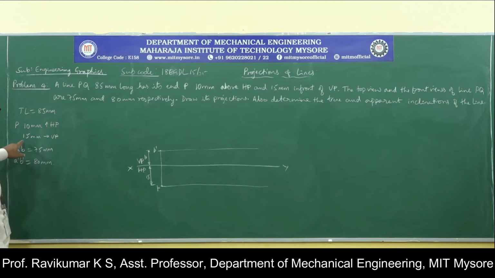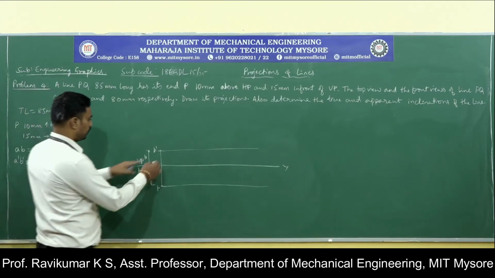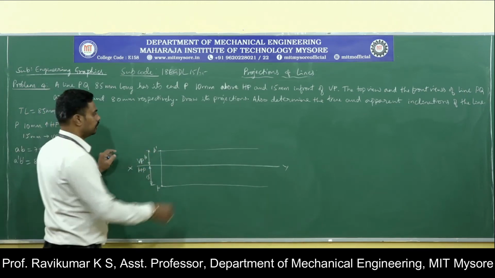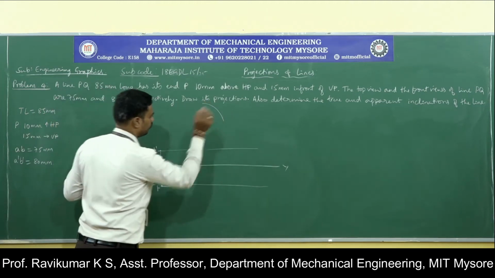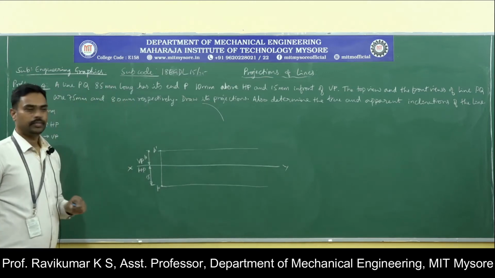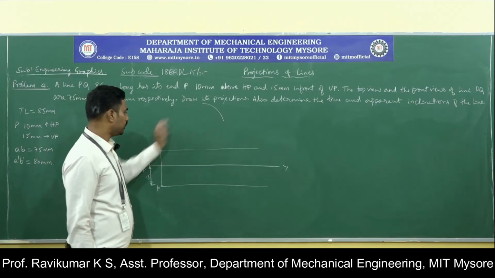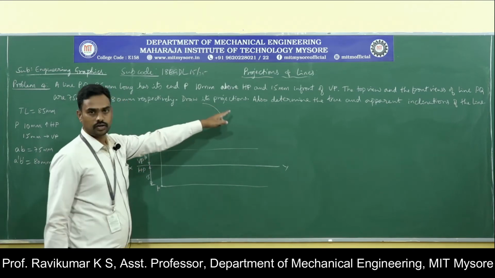Okay. Now how to move on? We know that true length is 85 mm. We know the points. So take 85 mm in the compass. Select P dash as center. Draw an arc for 85 mm. But you will not know the angle. If you know the angle, you can take the angle and draw the line.